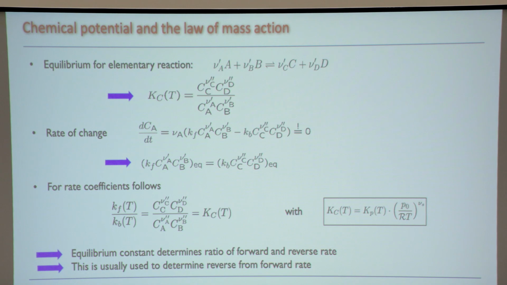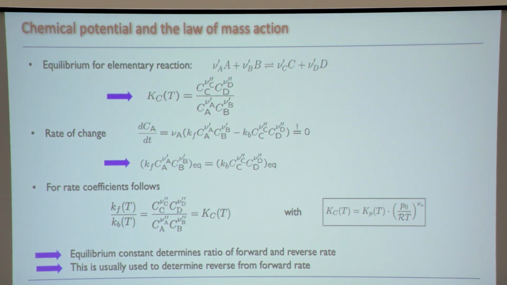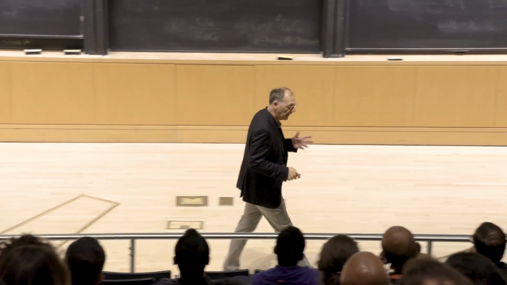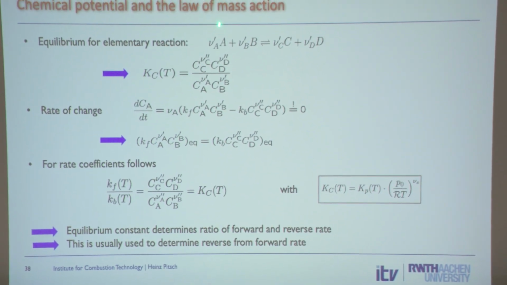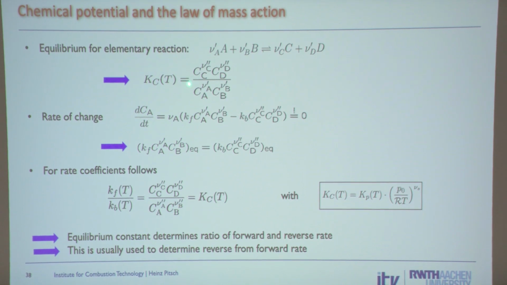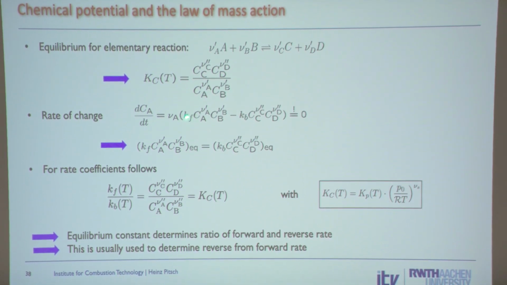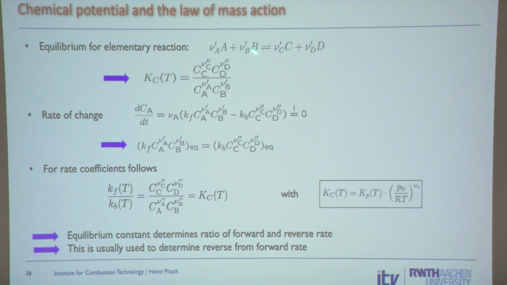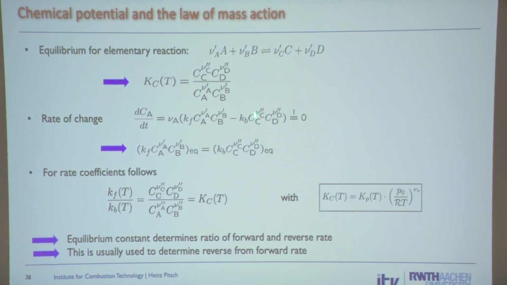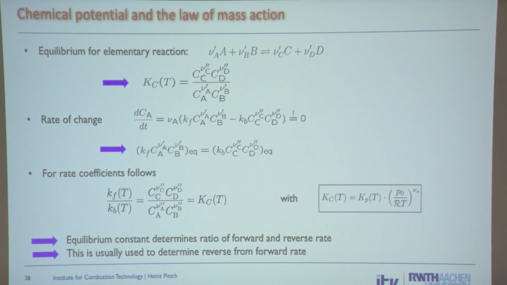Like this. Now, I can also write the equation for the rate of change of the concentration of some species, A, let's say, where the consumption of A is k forward times concentration of A times concentration of B, and then species A is produced by the reverse reaction, which is kb times concentration of C, concentration of D, okay?